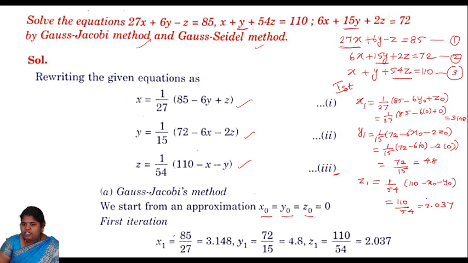In the Gauss-Jacobi method, we should replace the values of x0, y0, z0 in all three expressions. Okay, so we found x1, y1 and z1. Now substitute x1, y1 and z1 again in expressions 1, 2 and 3. We get the second approximation.